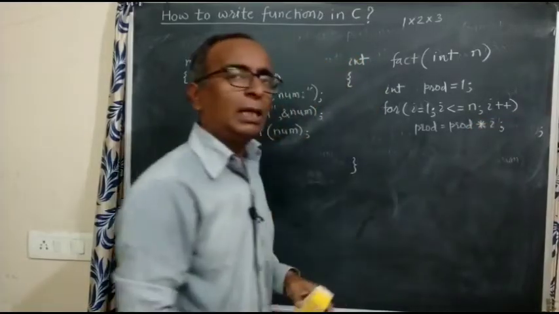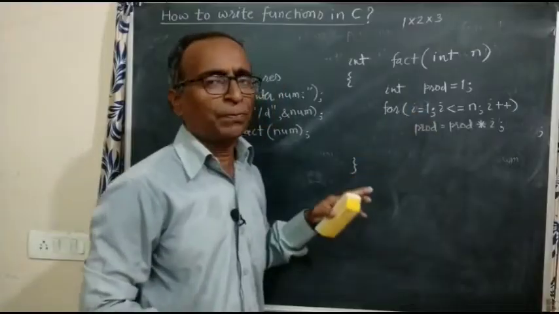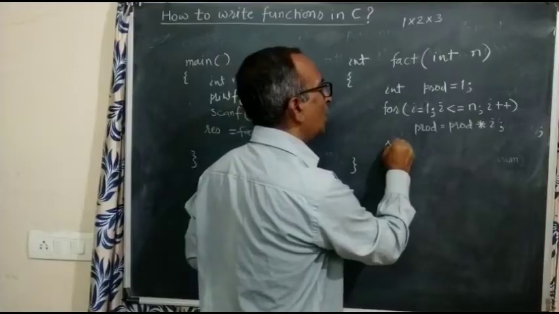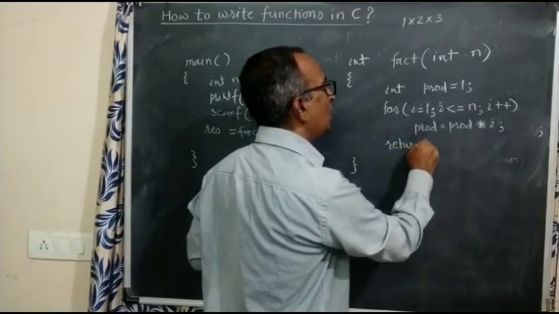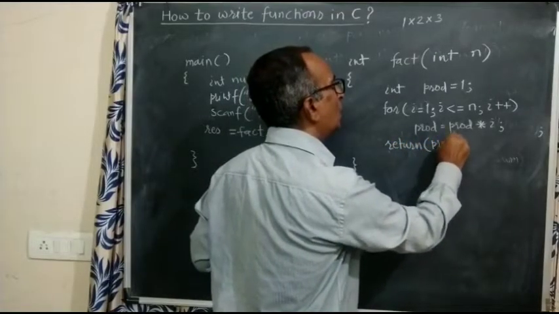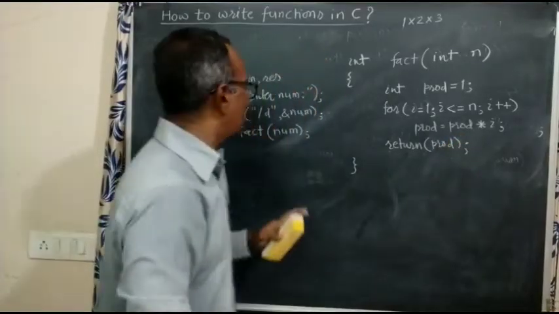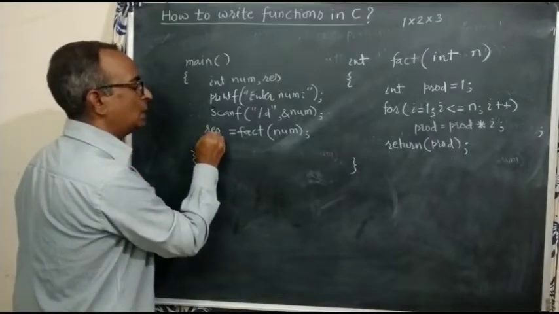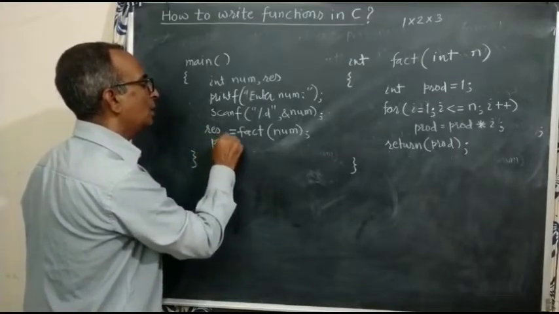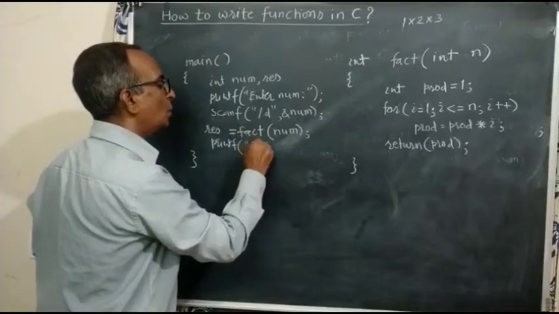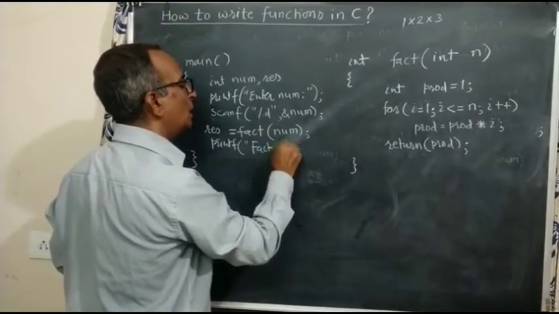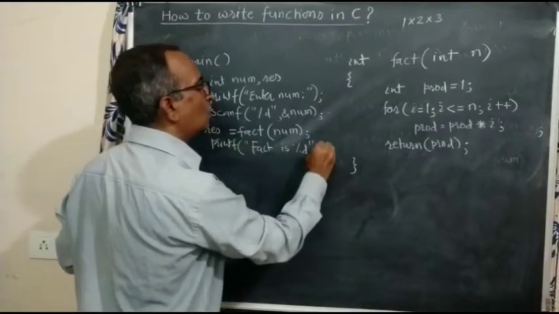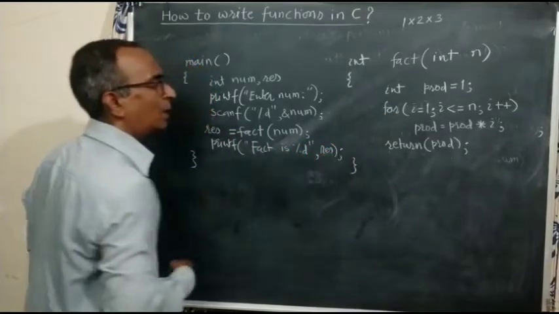If I do that, it will calculate product. Now when it comes out of this loop, it will have the factorial in prod, and that prod you are returning. So this way product will be returned, that will be taken into result, and then I'll printf factorial is %d, and at this place whatever result I have will be printed.